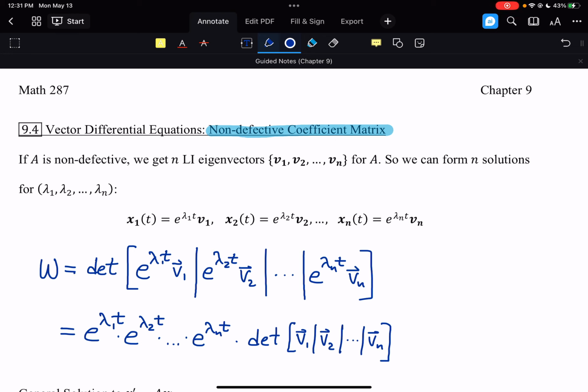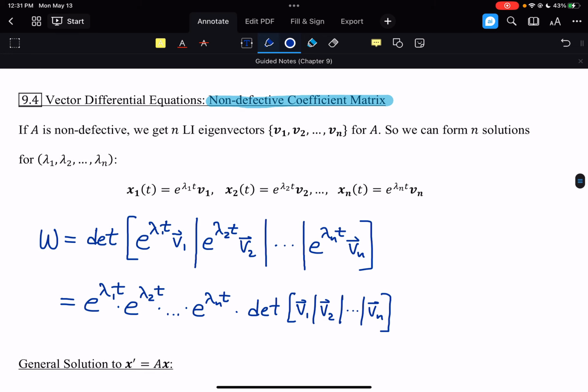Now, if we were to take the Wronskian of these solutions, so we take the determinant of the x1 solutions, the x2 solutions, etc., and augment those into the columns of a matrix, what we can do is take all of these coefficients on the vectors and pull all of those out, column by column.